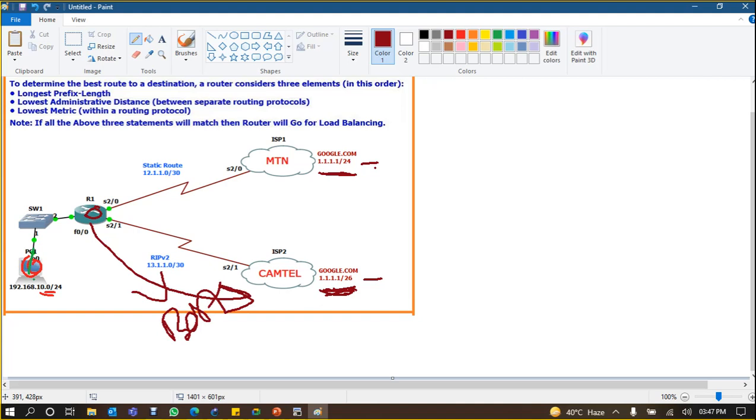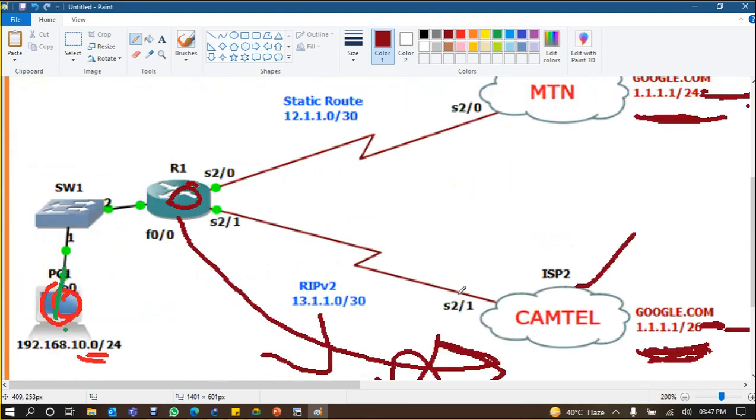Now another condition will come. If both sides' prefix is the same, 26 and 26 for example, if the longest prefix is matching from both ISP1 and ISP2, then it will check the lowest administrative distance. Now tell me, you are connected to ISP1 via which routing protocol?